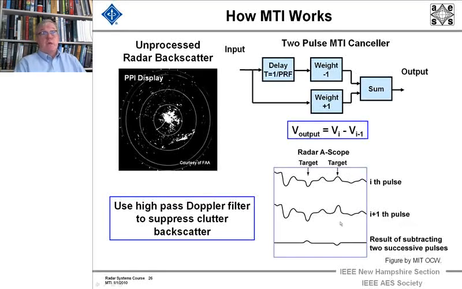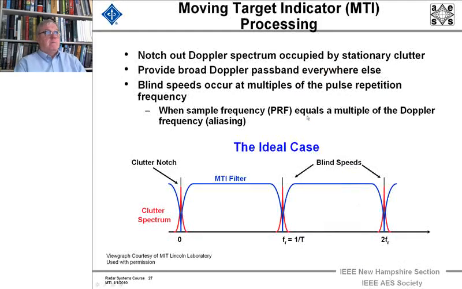And what it will tell you is that the target is moving. It won't tell you that the target's not moving. Now, for moving target indicator processing, and this is just an ideal case for ground clutter, we've got the ground clutter, which is very narrow, but it will have some modulation to it.